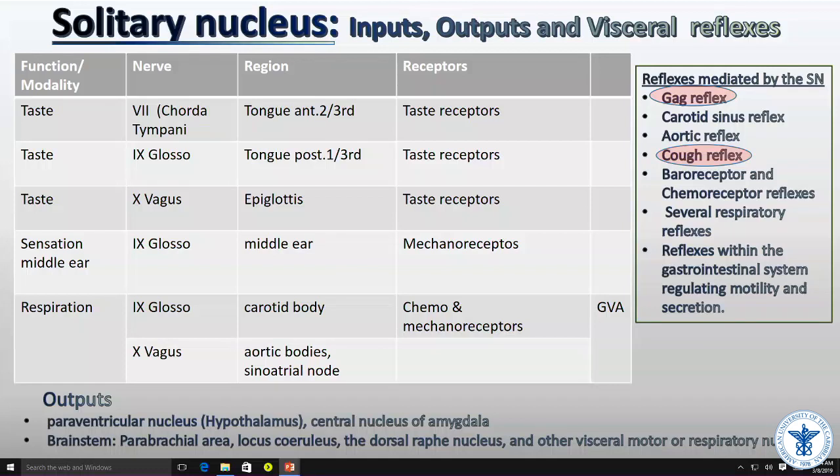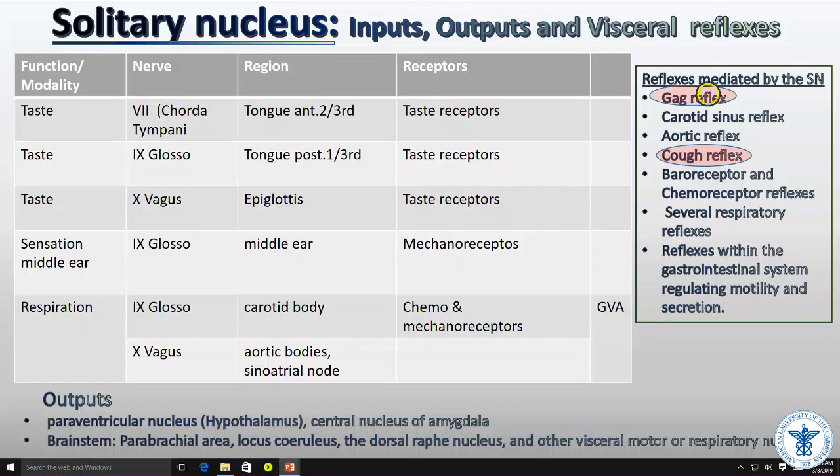But it's important to remember that the chorda tympani is associated with the 7th nerve, and that's taste for the anterior 2/3 of the tongue. The taste from the posterior 1/3 of the tongue is carried by the glossopharyngeal nerve. And you have other areas in the pharynx, like the epiglottis or the posterior pharyngeal wall, where taste is carried by the vagus. But if you don't remember this, it's okay.